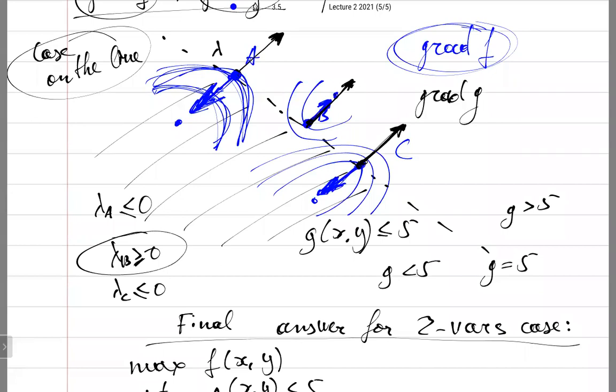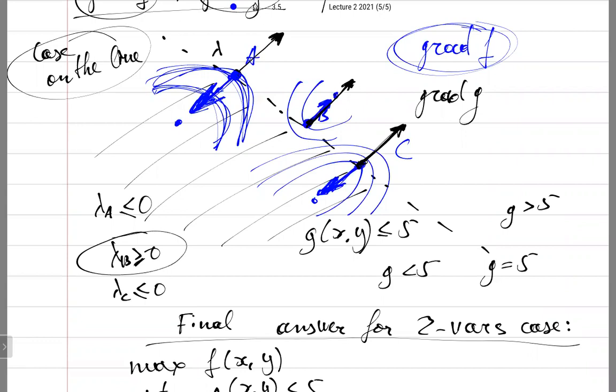Blue gradients are orthogonal to the blue level curves, and they point in the direction of each hill. So here the function grows locally to the top of hill A, then to the top of hill B, and then to the top of hill C, okay? So we have drawn blue level curves.